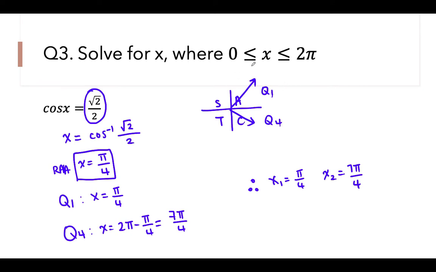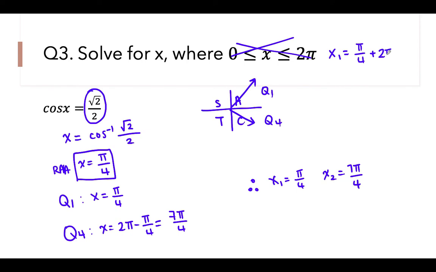Again, if I did not give you a restricted domain, then there's going to be a lot of answers. If there's no domain, then you could say x1 is equal to pi over 4 plus 2 pi k, because similar to sine, the cycle of cosine happens every 2 pi.